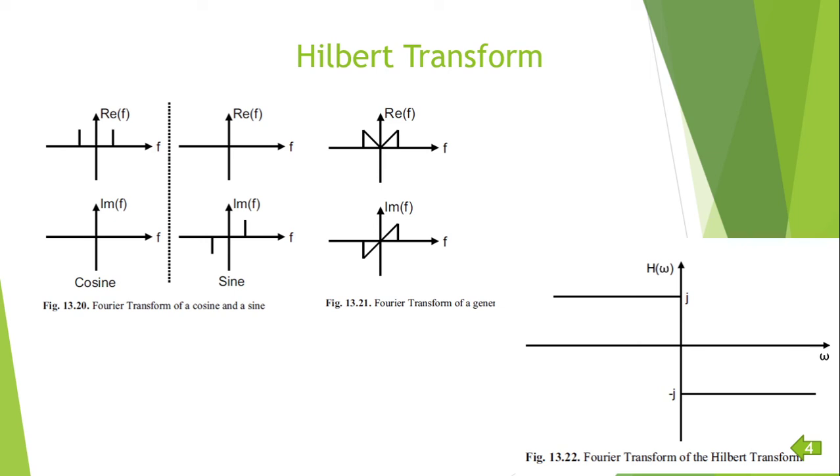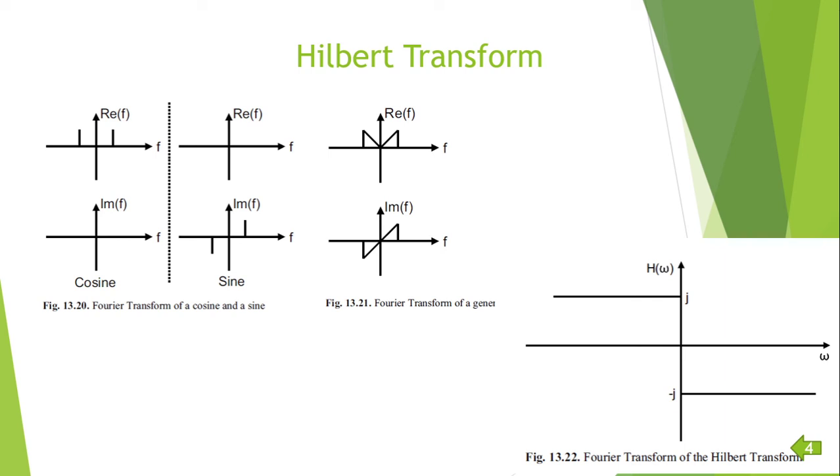Applying the Hilbert transform to a cosine signal, we can list out certain points. What are those? A cosine has a purely real spectrum symmetrical about 0.